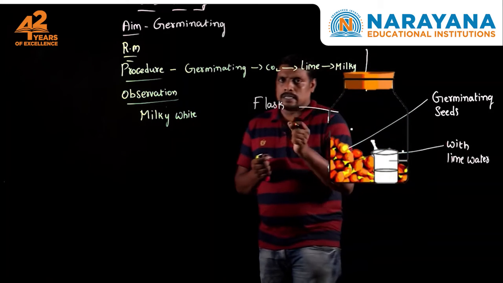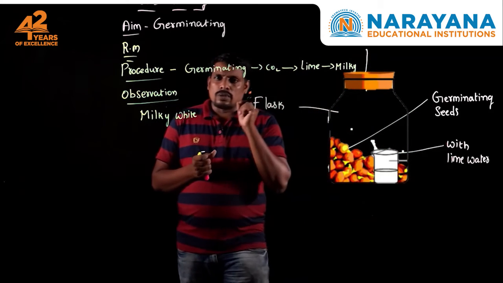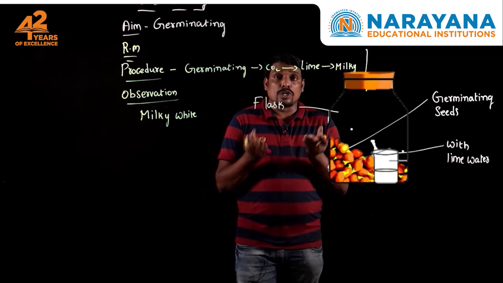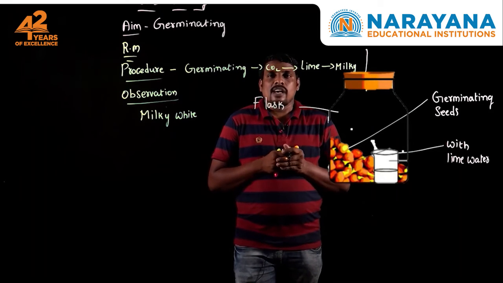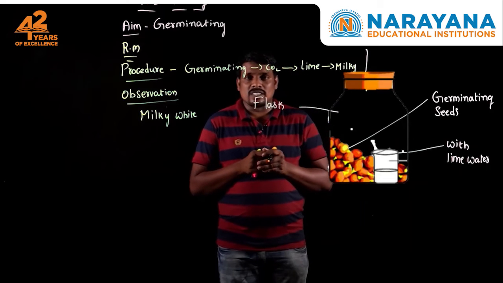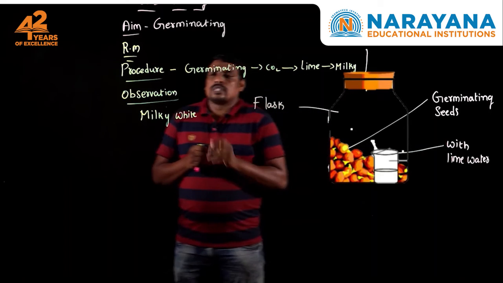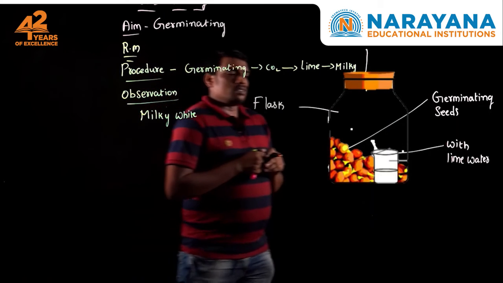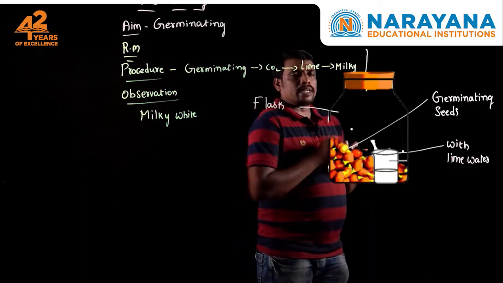When glucose breaks down by mitochondria inside the cell during cellular respiration, right? As we have discussed in the previous classes. So that is the procedure, and the observation is the appearance of a milky white precipitate in the beaker.